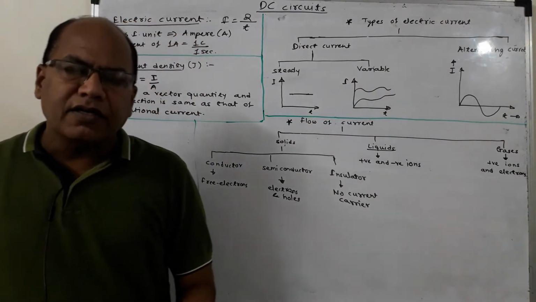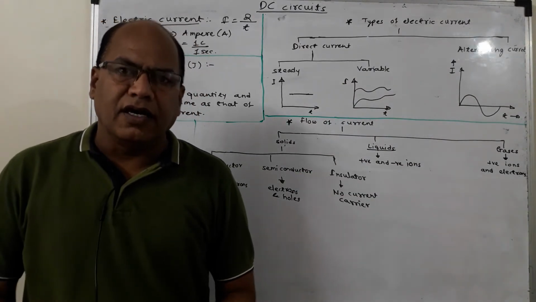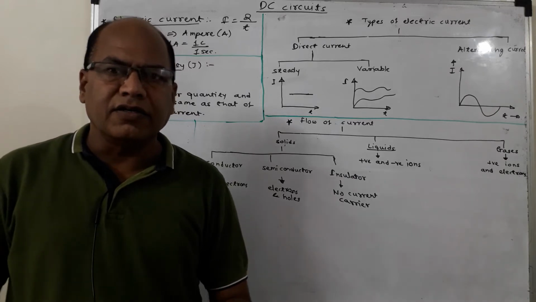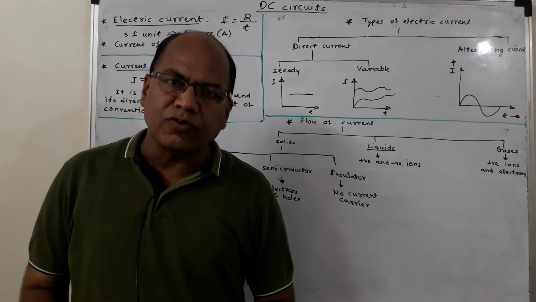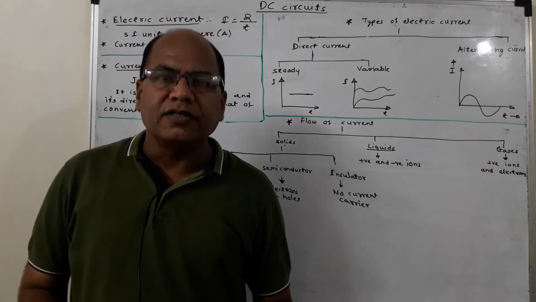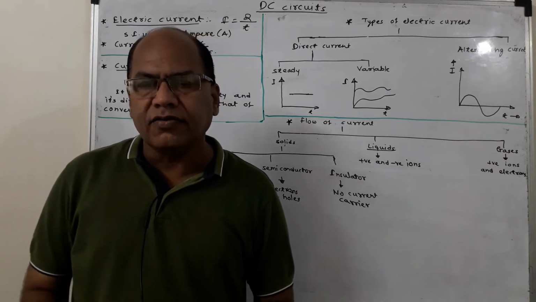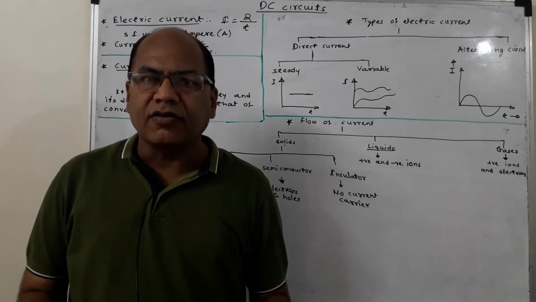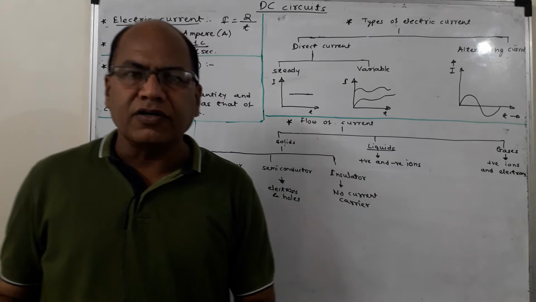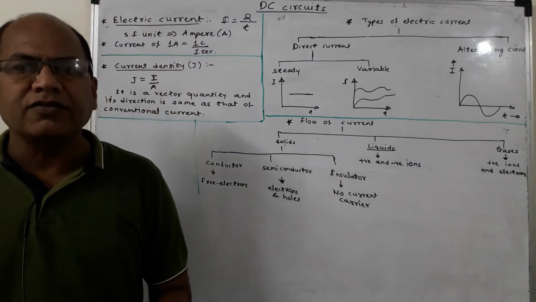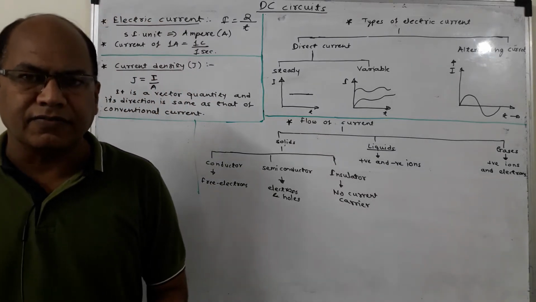Now when electric current is to be considered, again electric current is a physical quantity, and we know that physical quantities are classified into two types. One is the scalar quantity, another is the vector quantity. Scalar quantity can be represented by its magnitude alone, whereas vector quantity requires magnitude as well as direction for its representation.